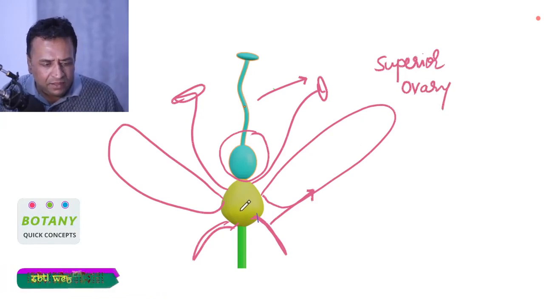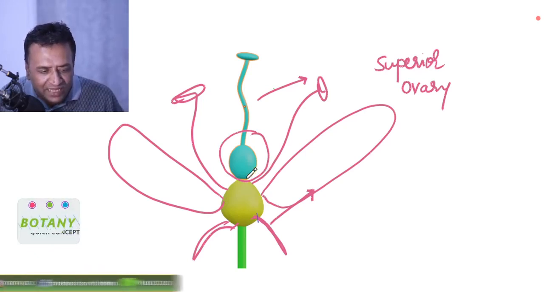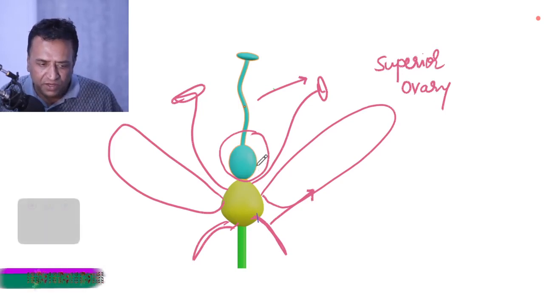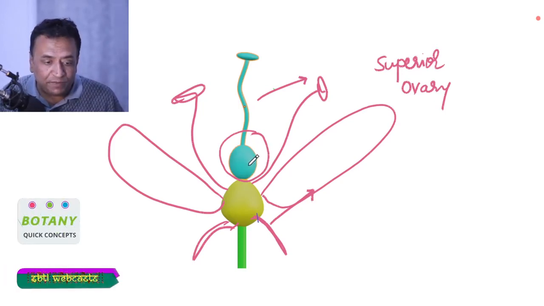And calyx, corolla, and androecium arise below the level of this ovary or this gynoecium.